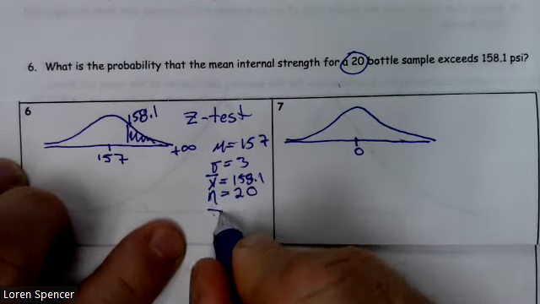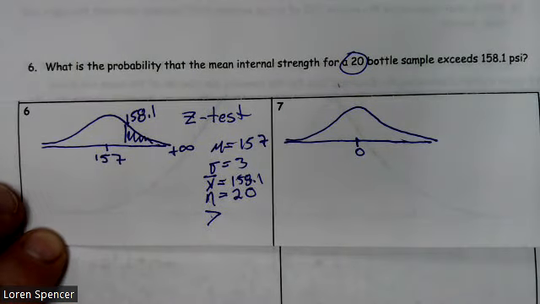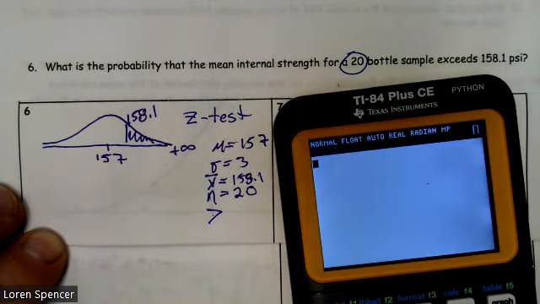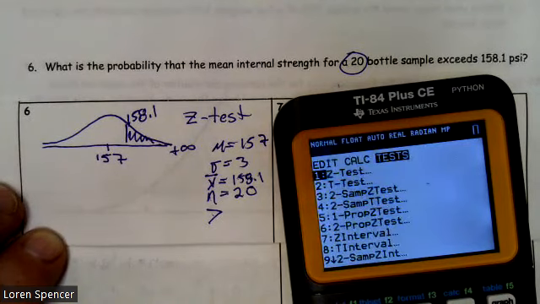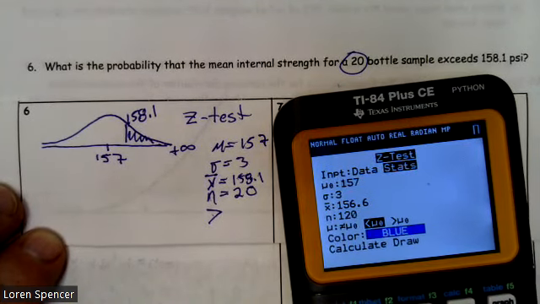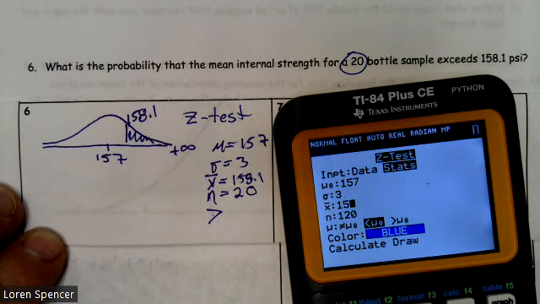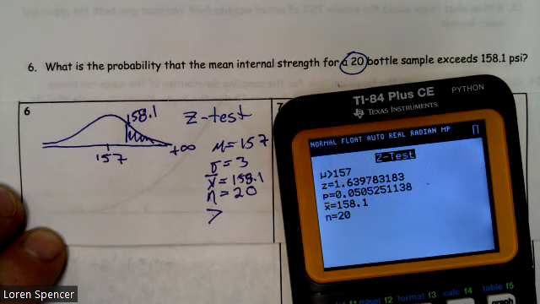Then we want to shade up and to the right, so we have a greater than symbol. Stat test z-test, mean of 157, standard deviation of 3, X bar of 158.1, sample size of 20, greater than. Calculate, and we end up getting 0.0505.